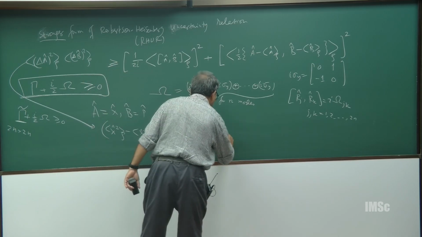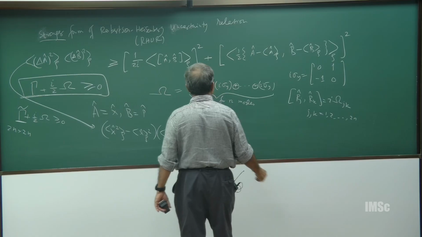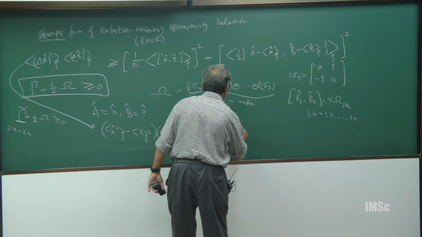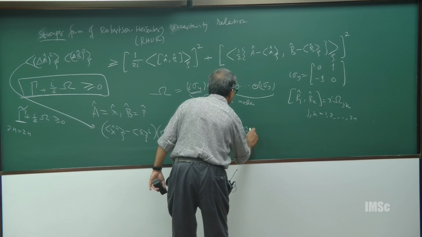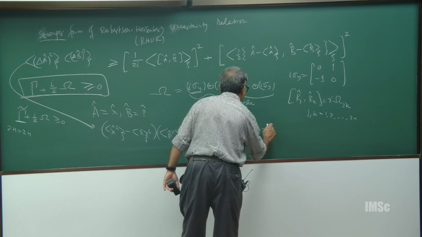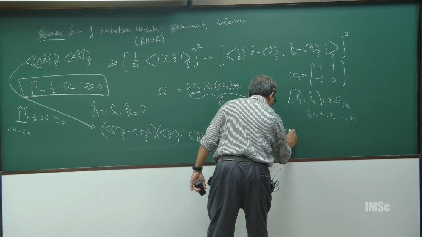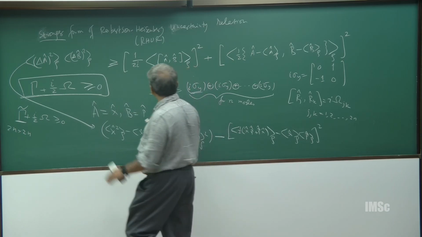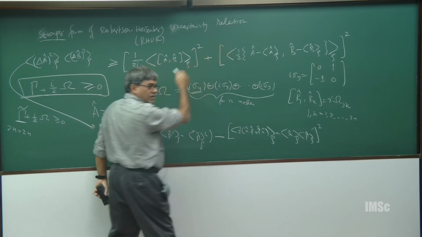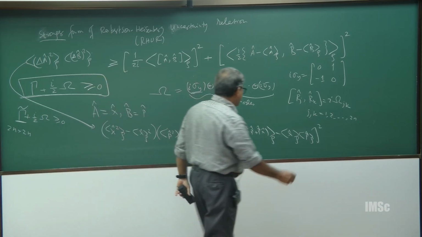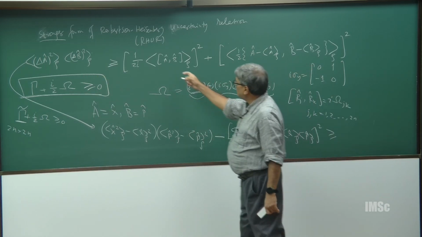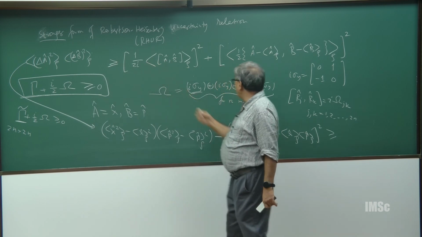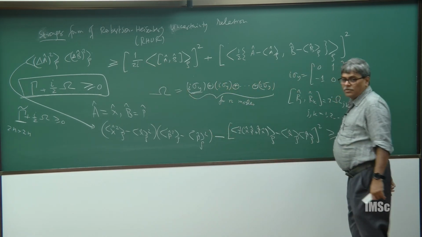So minus half xp plus px rho minus x rho p rho, squared. Do you agree with me? This is greater than or equal to, this one is iota, so basically 1 by 4, right.